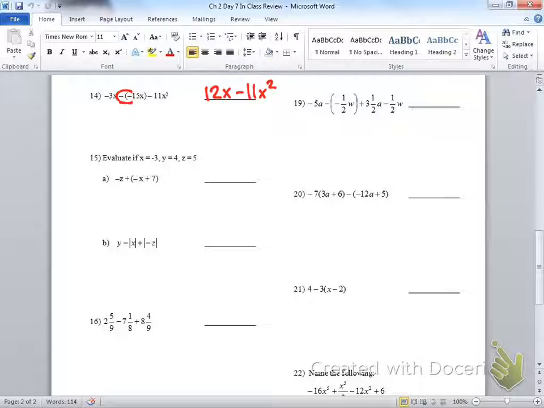All right, next one, we have to rewrite this. The z's are out. There's a 5 instead. So negative 5 plus, what's a negative 3? I'll write it out, but what is it going to be? Good. And then plus 7.